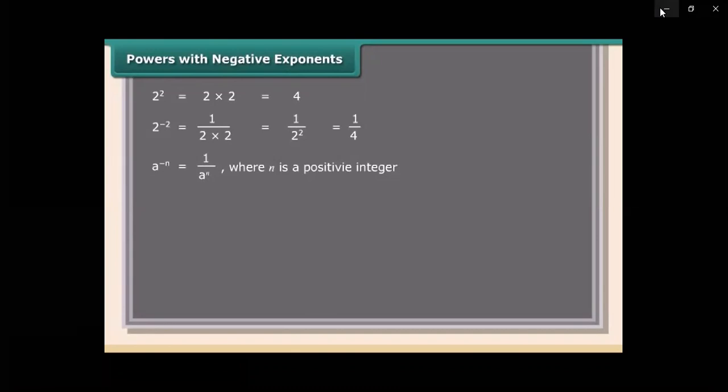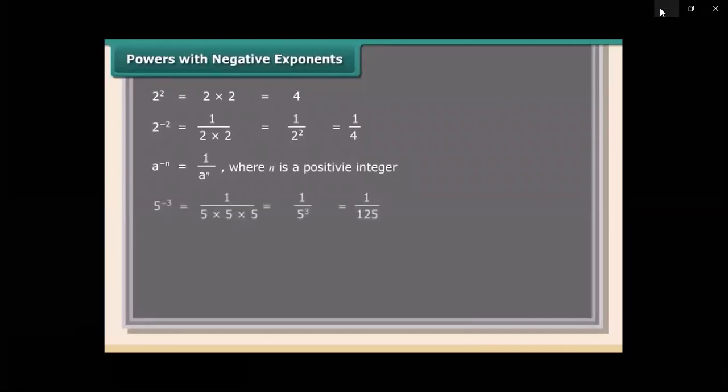But now we can see that the power can be a negative integer, so powers with negative exponents. In the second example, 2 raised to the power negative 2 can be written as 1 upon 2 into 2, which can be written further as 1 upon 2 raised to the power 2, and that's equal to 1 upon 4.